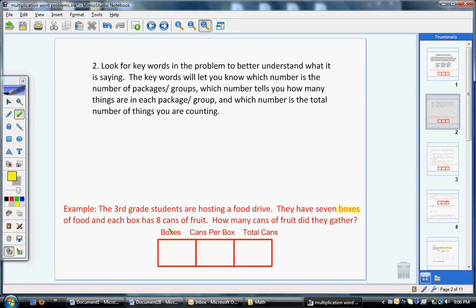This is a keyword because it matches up with this word, boxes. Another keyword is that it says each box has 8. That's important because that's saying how many there are per box, so that matches up here. Now what the question is asking is how many cans of fruit do they gather? I'm looking for cans here, and I can see that matches up with my final section.